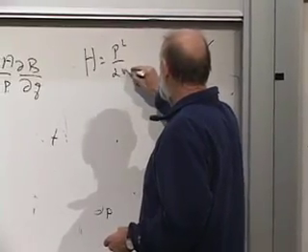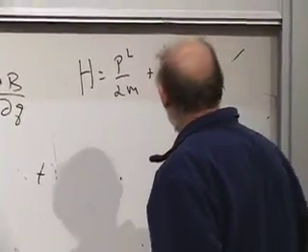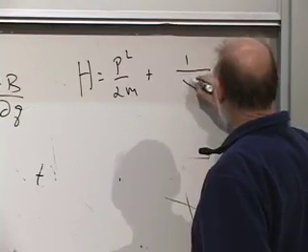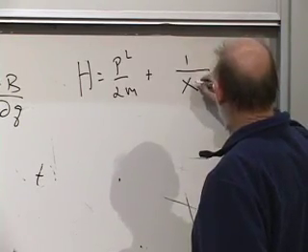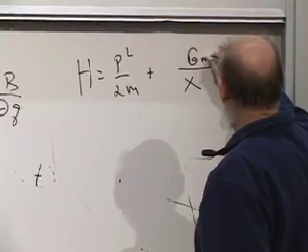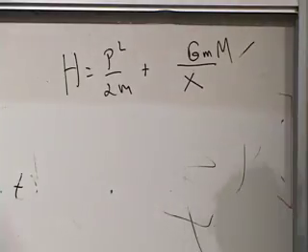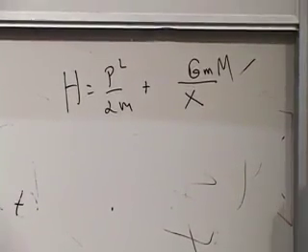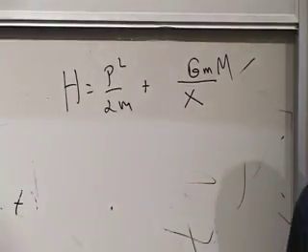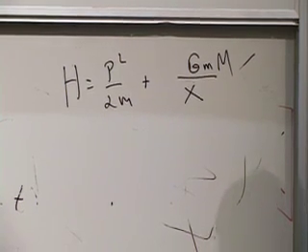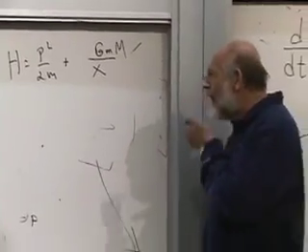Right. If I write that the Hamiltonian is P squared over 2m plus GMm over x, will you please tell me which is the first one and which is the second one?